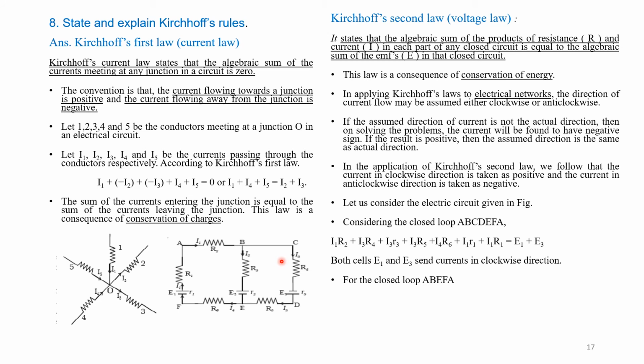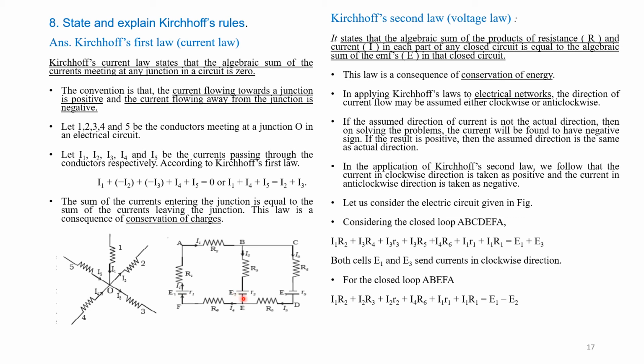Next, for the closed loop A, B, E, F, A, we write the equation I1 R2 plus I2 R3 plus I4 R6 plus I1 R1 equals E1 minus E2.